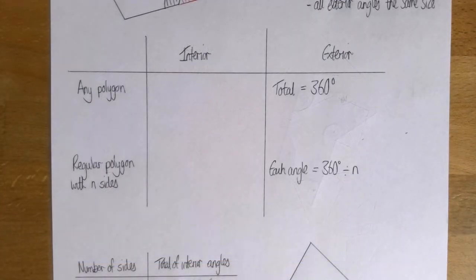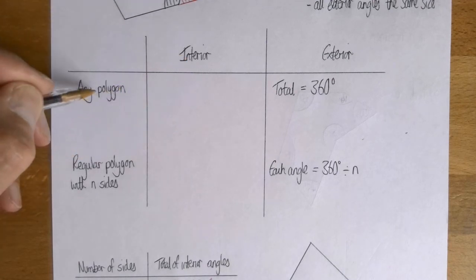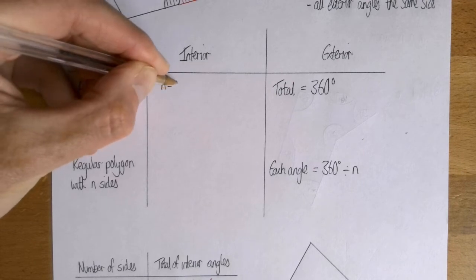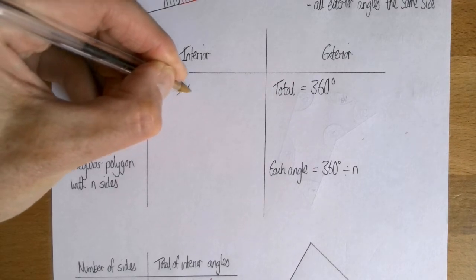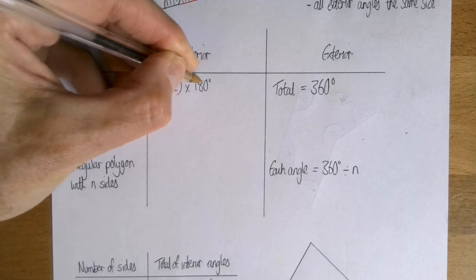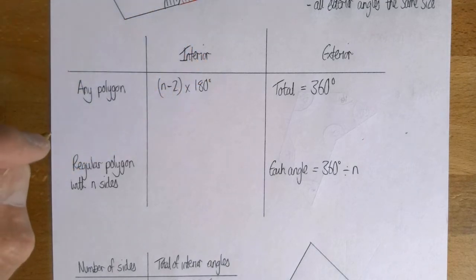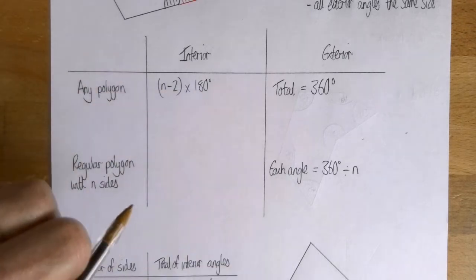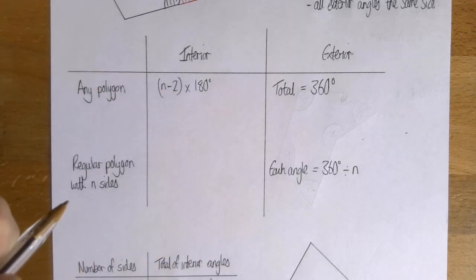So returning to my little summary table, we can say the interior angles in any polygon add up to the number of sides take away 2 times 180. So if it's a 7-sided polygon, I do 7 take away 2, 5 lots of 180, and that tells me what the angles inside are going to add up to.